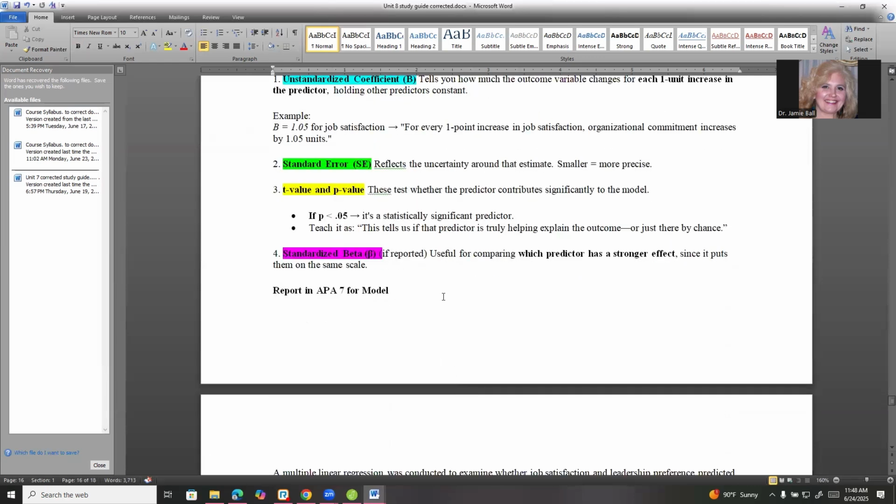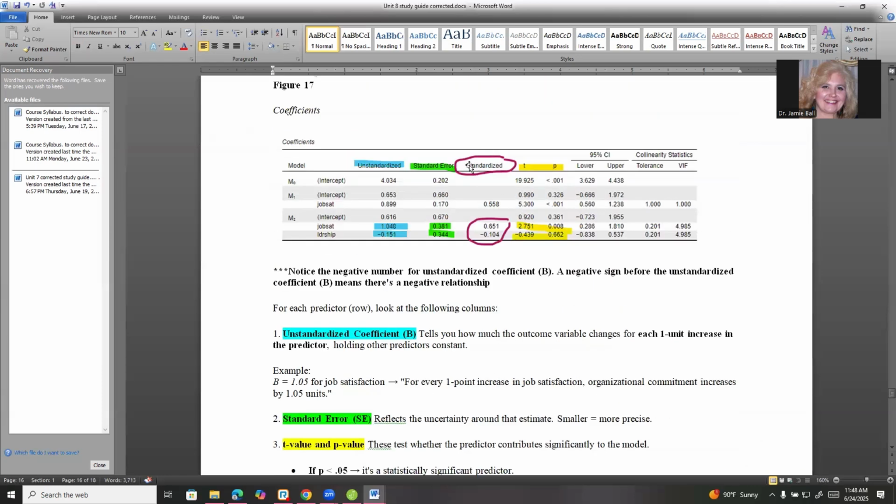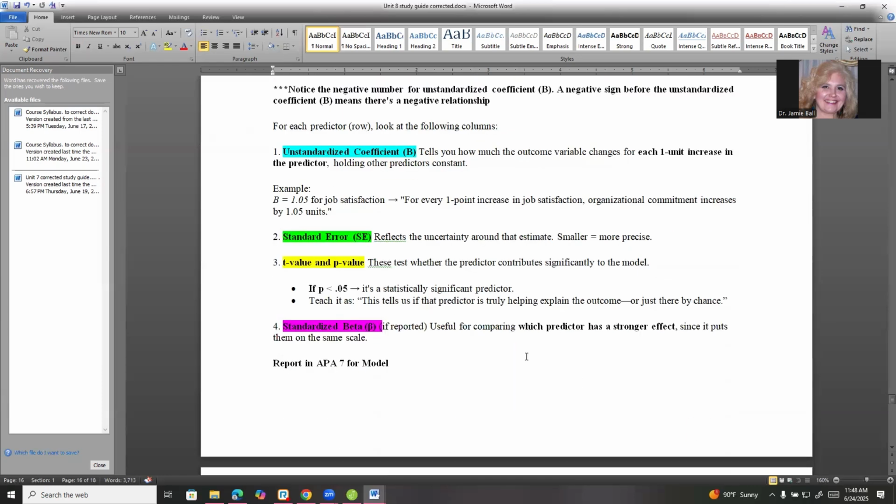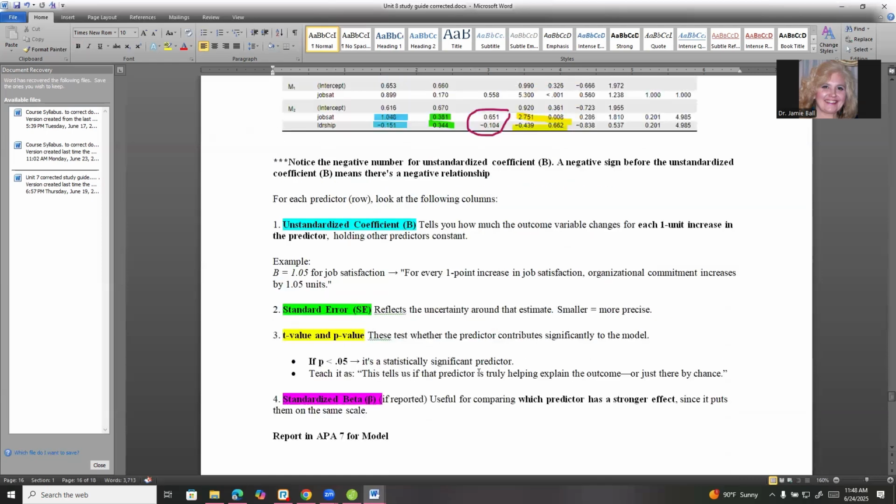Okay. And then the standardized beta, circled here in pink. All right. This is useful if I want to compare which predictor has a stronger effect, because they're both then used, the same scales used. Like if we measured leadership on a 5-point scale and we measured job satisfaction on a 7-point scale, those scales aren't the same.